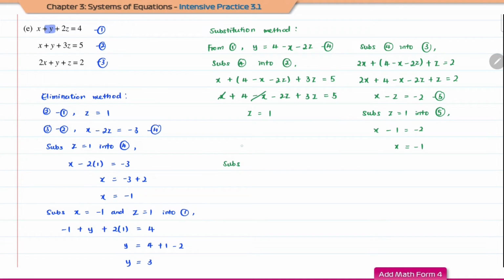So next I just want to substitute the value of x equal to negative 1 and the z equal to 1 into equation number 4. So y equal to 4 minus x minus 2z. So here is going to be 4 plus 1 minus 2. So here you want to have y is equal to 3.